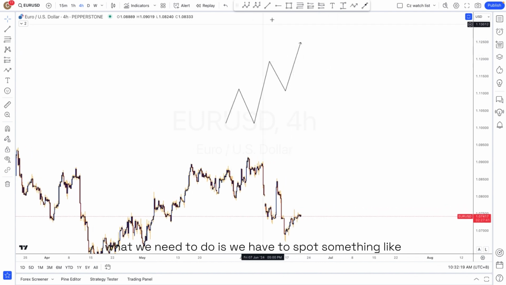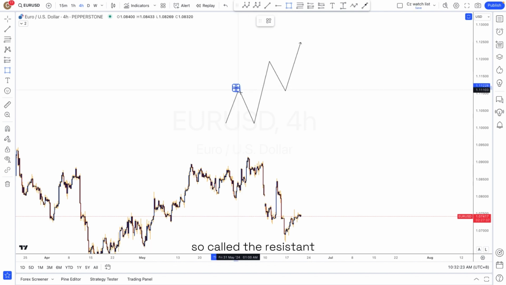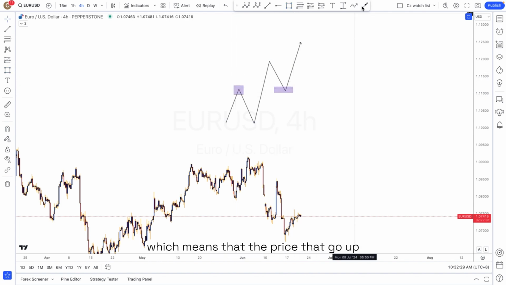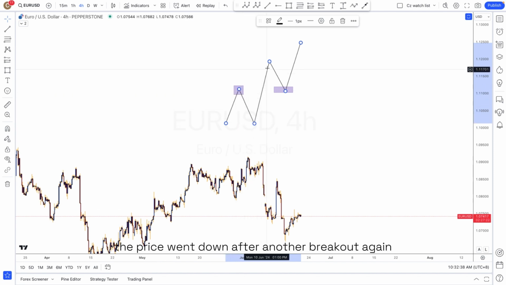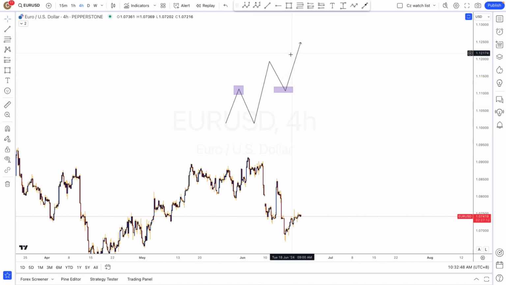So what we need to do is spot something like the so-called resistance become support, which means that the price that goes up makes the resistance, and the price goes down. After another breakout again, when the price comes back down to the previous resistance level, it becomes the support that supports the price and bounces back up.